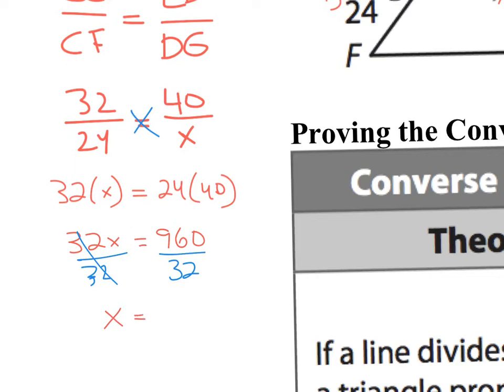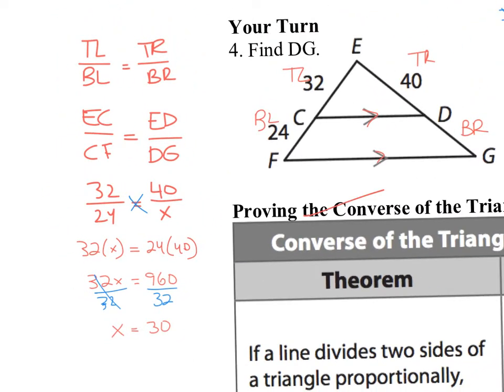X is going to give us 30. Hey, that one finally came out nice. And so that distance there from G to G is 30.